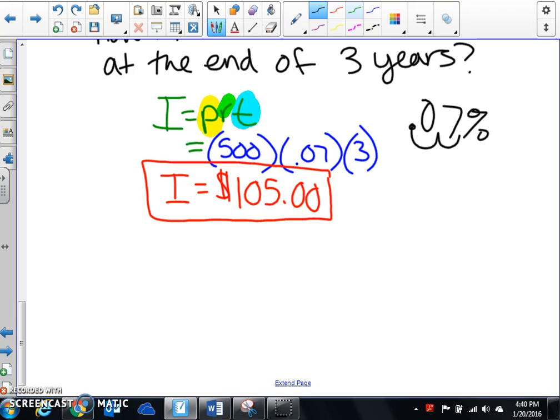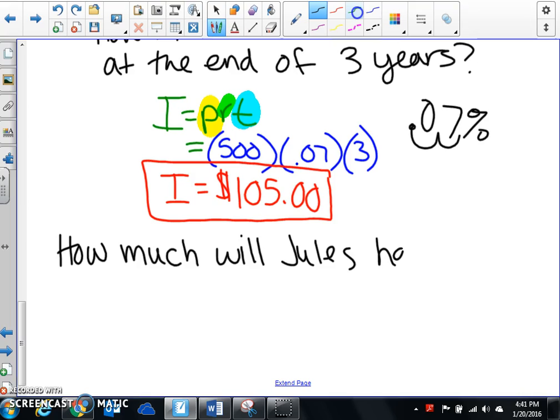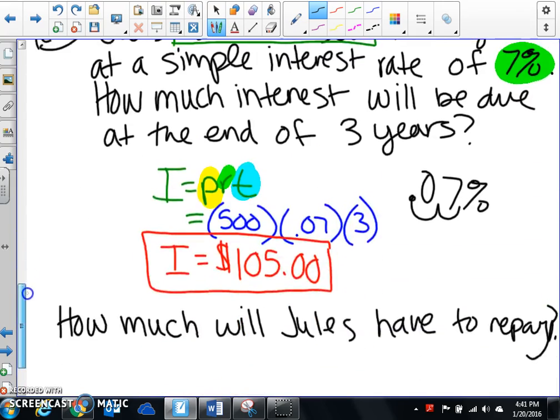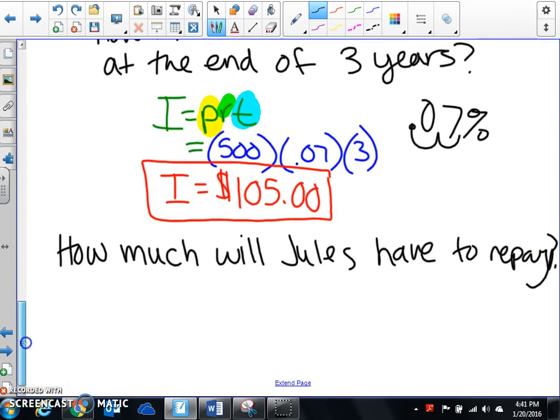Now here's the second part of the question above. It says, how much will Jules have to repay? So you got to think about it. Jules borrowed $500, so she's got to give back at least the 500.